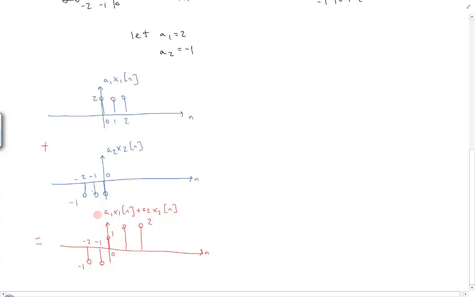So these are the two inputs that we're going to look at and their combination here. And we're going to see what the output would be to this combined signal if the system is in fact linear. So, due to linearity, this system will produce the following outputs.